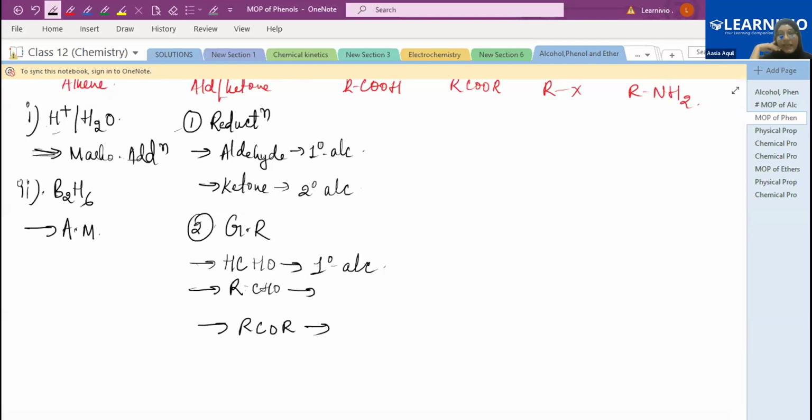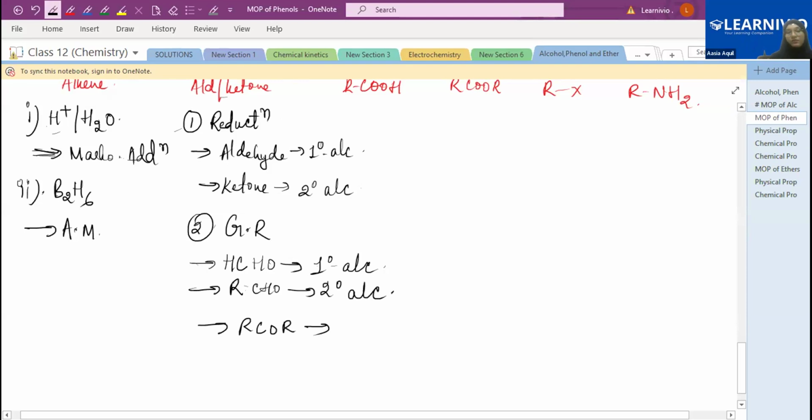When other aldehyde, meaning other than formaldehyde, is treated with a Grignard reagent, you will get secondary alcohol. And what about ketone, Muniba? Ketone gives tertiary alcohol on addition. It's very easy.